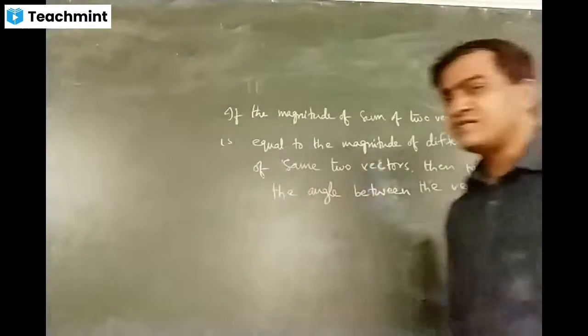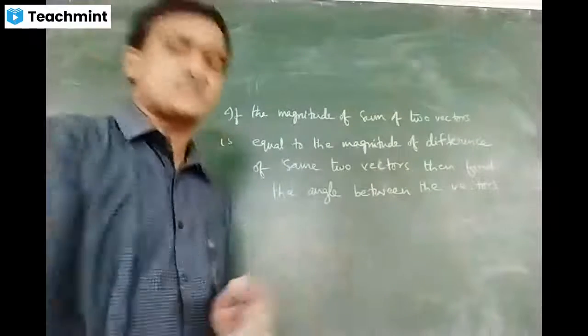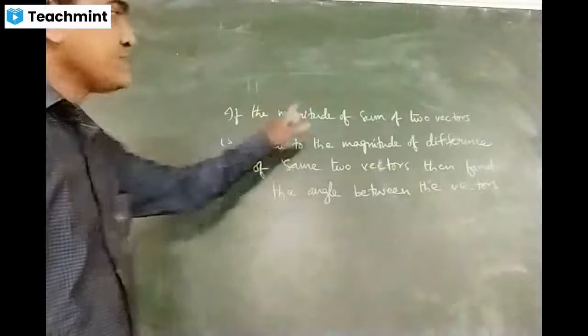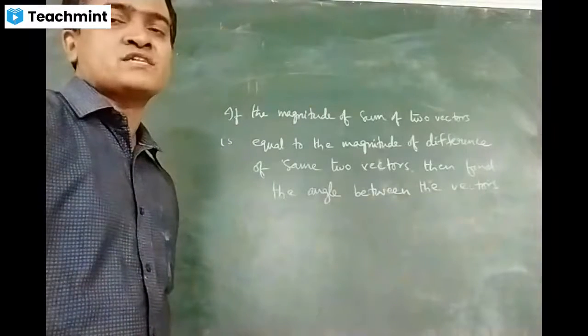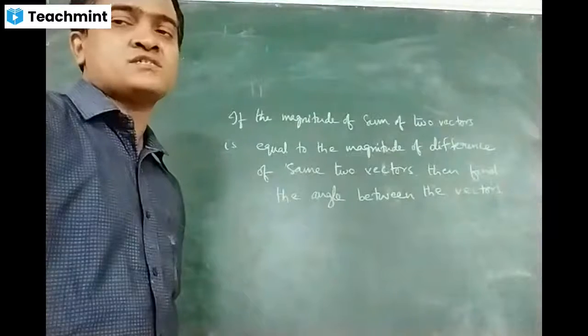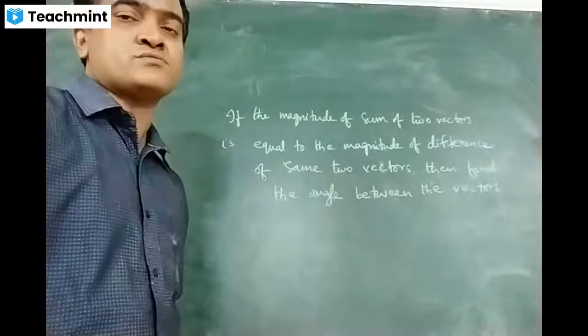Now let us split this question into parts. Magnitude of the sum of two vectors. Let me take two vectors as P bar and Q bar. Now what is their sum and what is their magnitude?